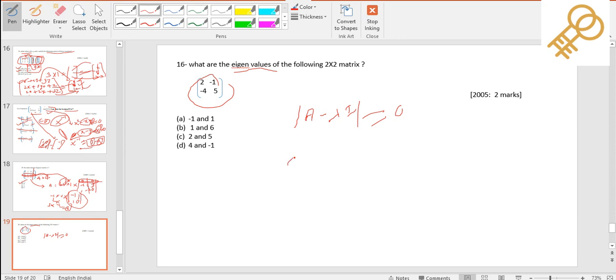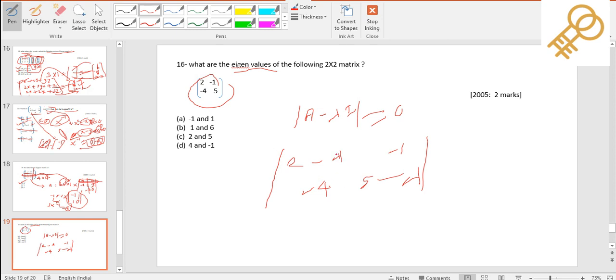So if you do that, you'll get 2 minus lambda, this will not be changed, this also will not be changed, 4, and this will change to 5 minus lambda. This is your determinant.